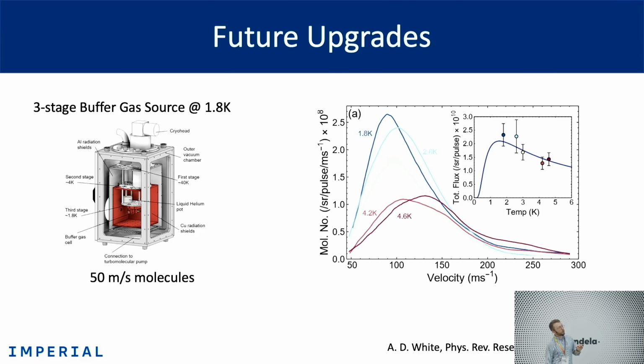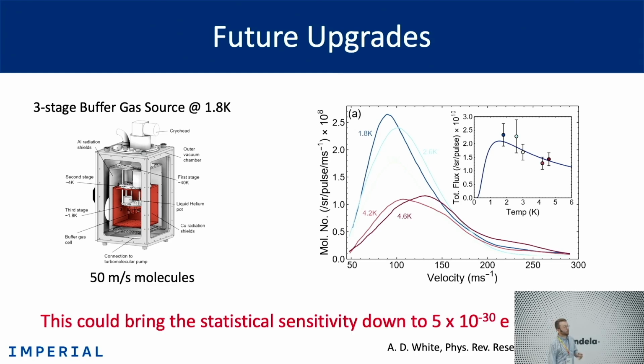In the plot on the right here, you're seeing that if you take the temperature down, you can increase both the number of molecules coming out, the flux, as well as drastically reduce the longitudinal velocity of the molecules. We're working on building up this source, and that would bring our statistical sensitivity down further to 5 × 10⁻³⁰.